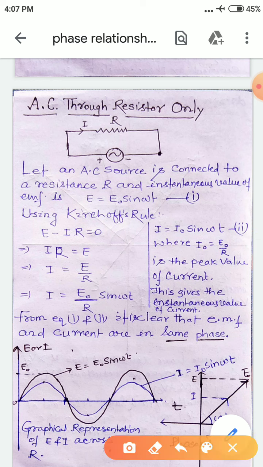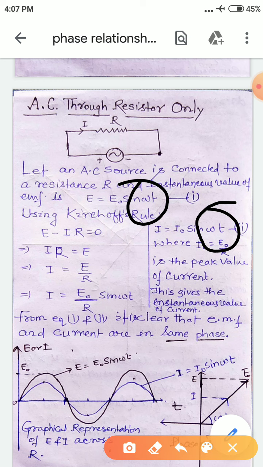Now if we compare the phase angle of current and the phase angle of EMF, we find that both are the same. It means in an AC circuit containing a resistor only, current and voltage are in the same phase.